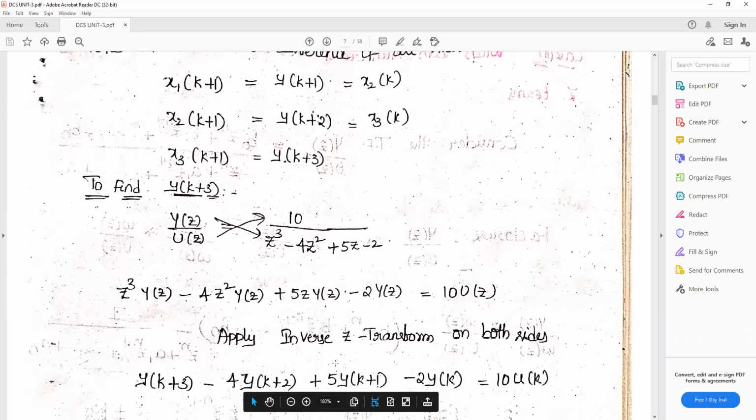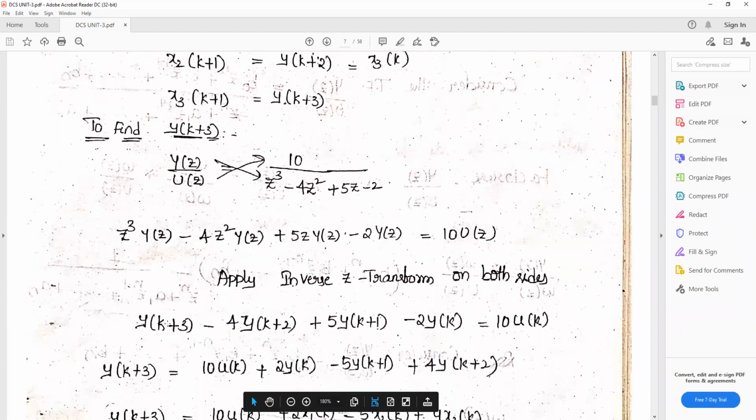In the cross multiplication of Y of z by U of z equal to 10 by z power 3 minus 4z square plus 5z minus 2, we get z cube into Y of z, minus 4z square into Y of z, plus 5z into Y of z, minus 2 into Y of z is equal to 10 into U of z. Now apply the inverse z transform.